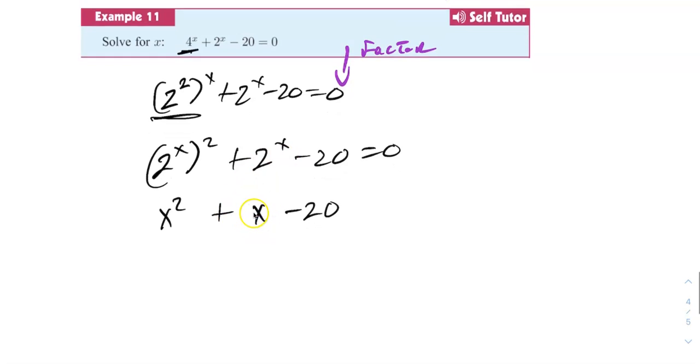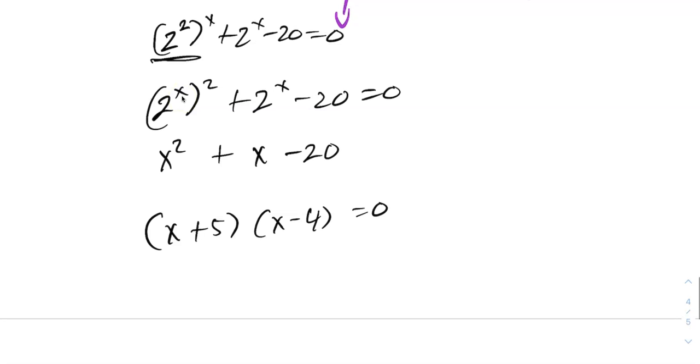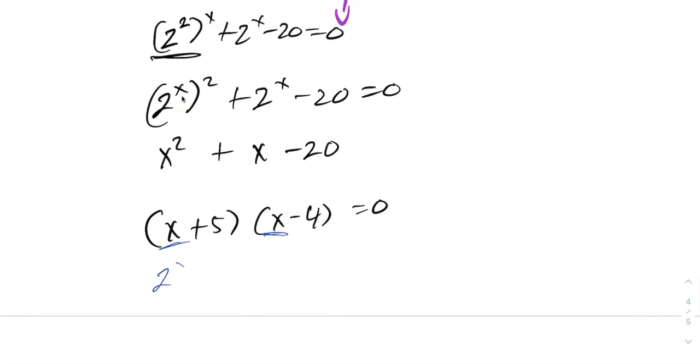Well, how do you factor that? I need two things that multiply to get negative 20, but add to get a positive 1. That should be (x plus 5)(x minus 4). But again, it's not an x, right? It's 2^x. So we just change this to 2^x. 2^x plus 5 and 2^x minus 4 equals 0. Now we're going to split and solve.